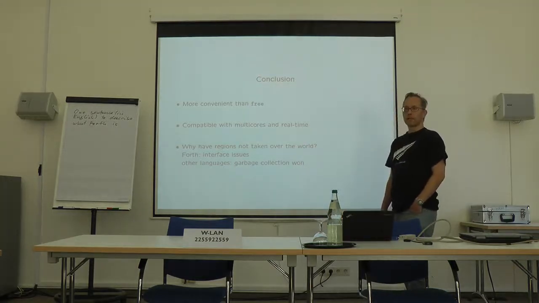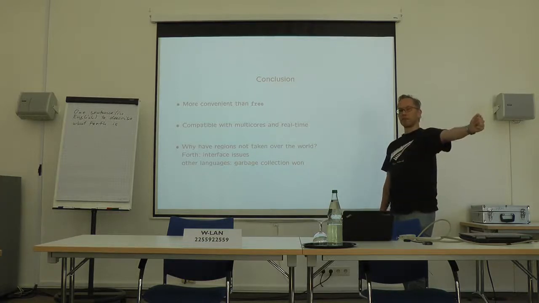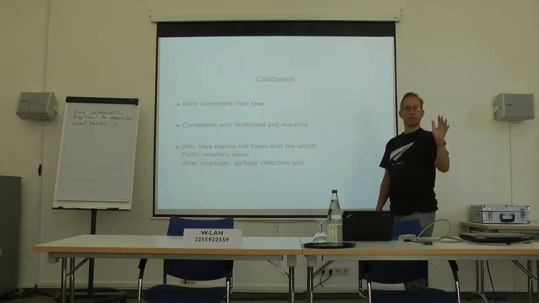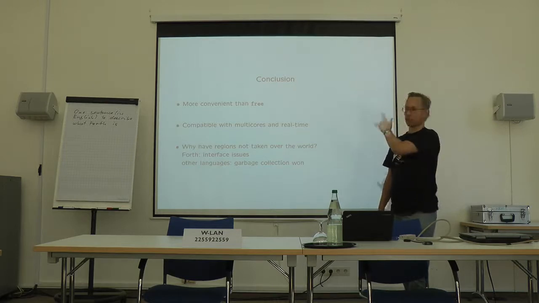I think that for Forth, there are two things. Of course, many Forthers say we don't need this kind of thing, it's just too complex. We are doing fine with allot. We don't need any allocate. We certainly don't need regions.